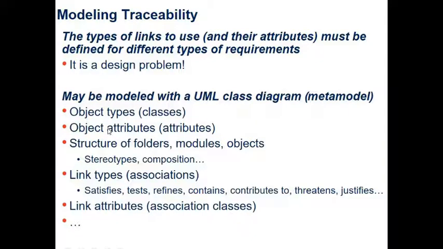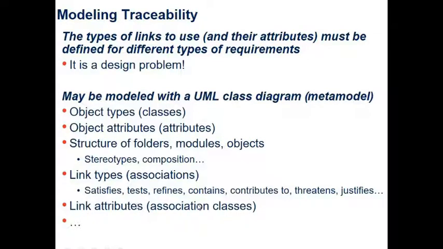That's why it's a meta model. Okay, so modeling the traceability with the UML class diagram, you need to have object types, object attributes, structure of folders, modules, and objects, the link types or associations. You would have things like satisfies, tests, refines, contains, contributes to, threatens, justifies, and so on.